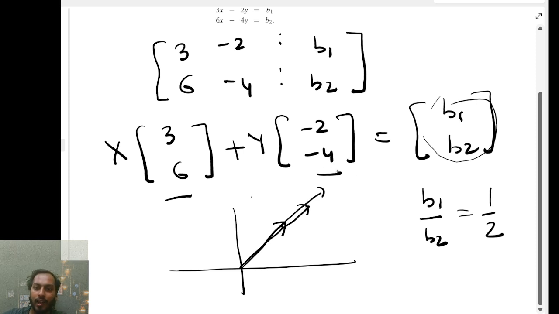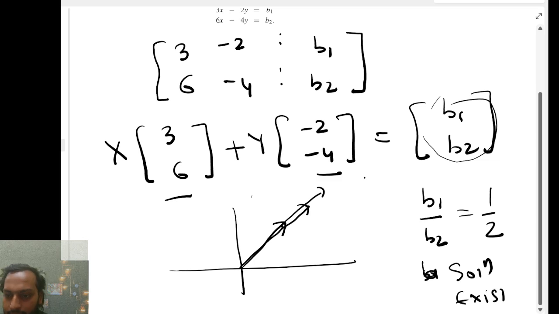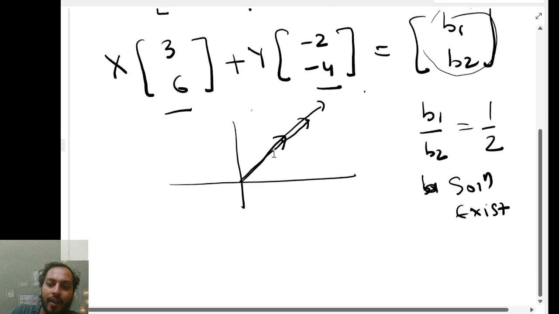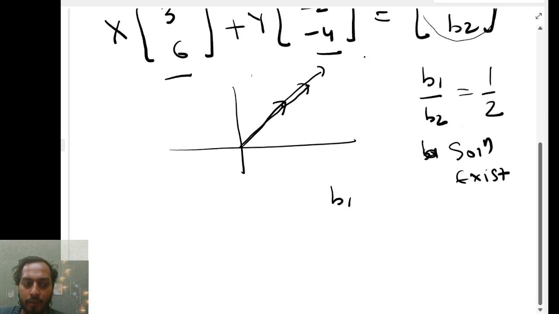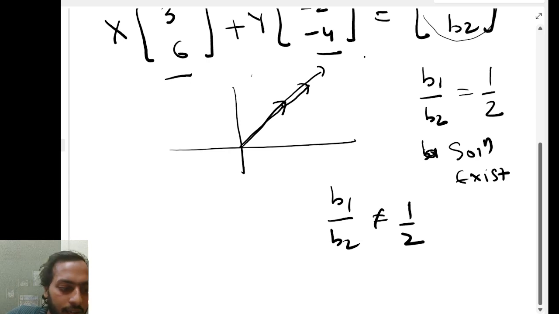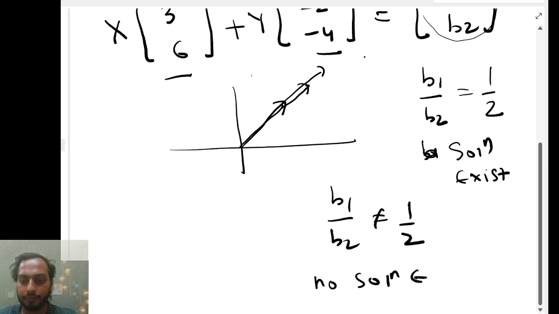Then this will also lie on the same line, the slope will remain the same, and I can reach it. So when b1 over b2 is equal to 1 by 2, the solution exists, right? And when I cannot reach, when b1 by b2 is not equal to 1 by 2, then no solution exists. Is it okay? That's all.